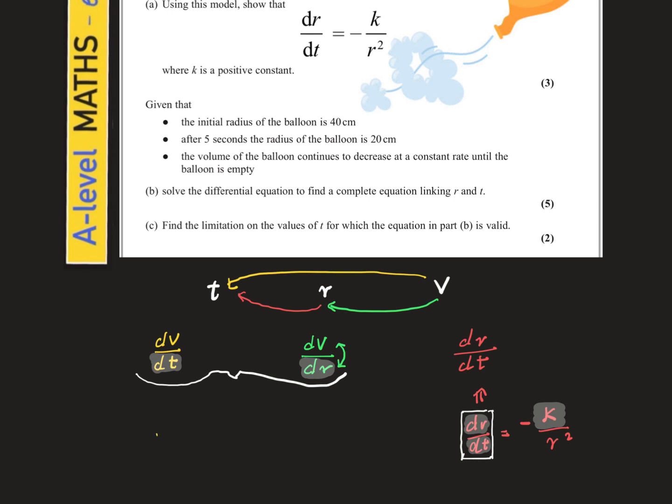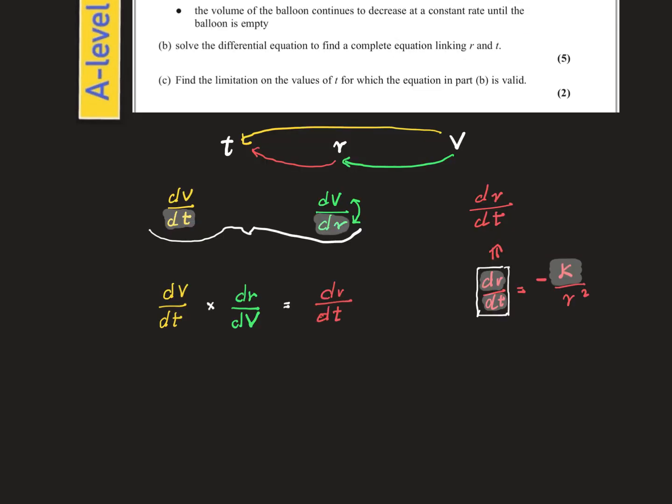In other words, dv over dt, and if I multiply this by dr over dv, I will be able to get dr over dt, because the dv and the dv cancels out.